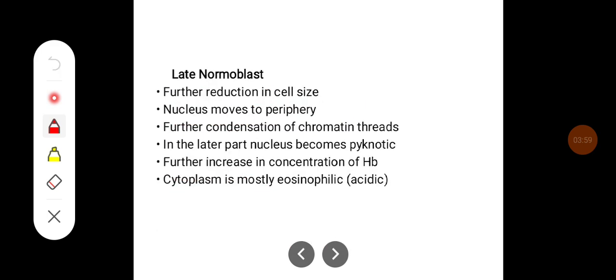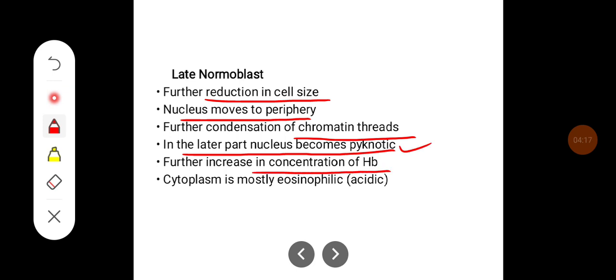The late normoblast, further reduction in the cell size occurs, nucleus moves to the periphery, further condensation of the chromatin thread occurs, and in the later part the nucleus becomes pycnotic, and there will be further increase in the concentration of hemoglobin, and that is why the cytoplasm mostly becomes eosinophilic.